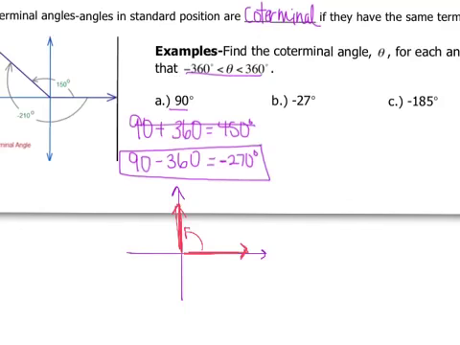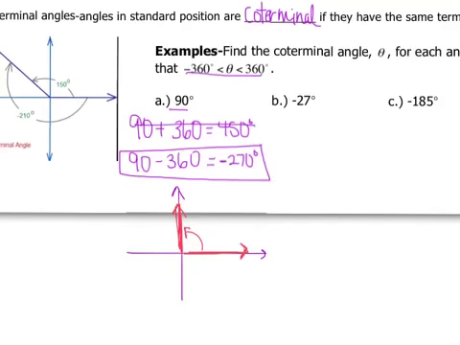So this was a positive 90, and then a negative 270 would be going all the way around and ending up with the same terminal side. That 90 plus 360 would be going from here, going all the way around again. It is a coterminal angle. It's just not within that interval of negative 360 to positive 360.